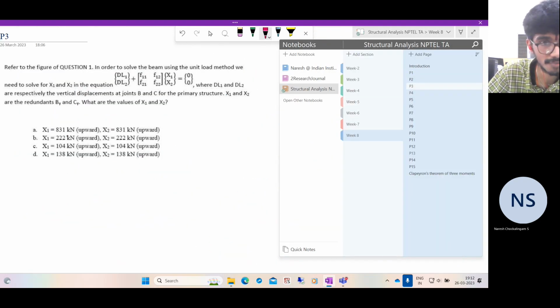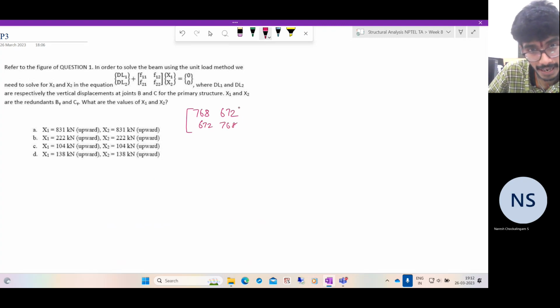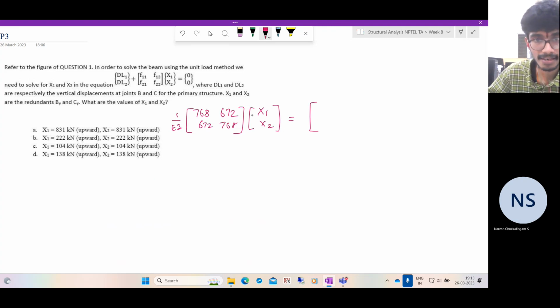So when we go to the third problem, what is the system of equations that we have right now? It is 768, 672, 672, 768, by EI acting on x1, x2. These are the flexibilities. When this force acts on this, we get some displacements, and that plus D1L. What is D1L?